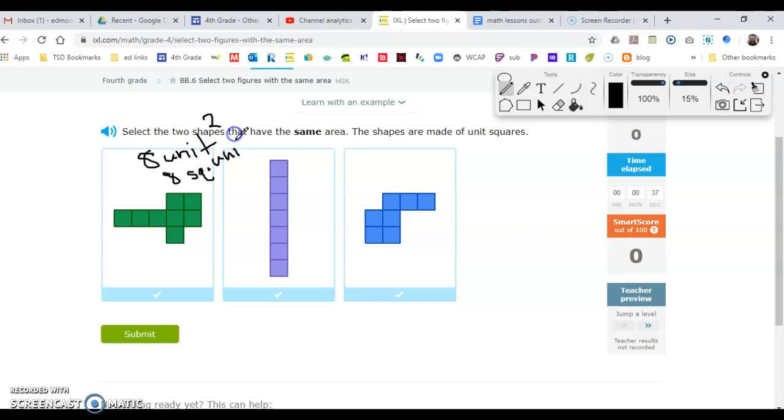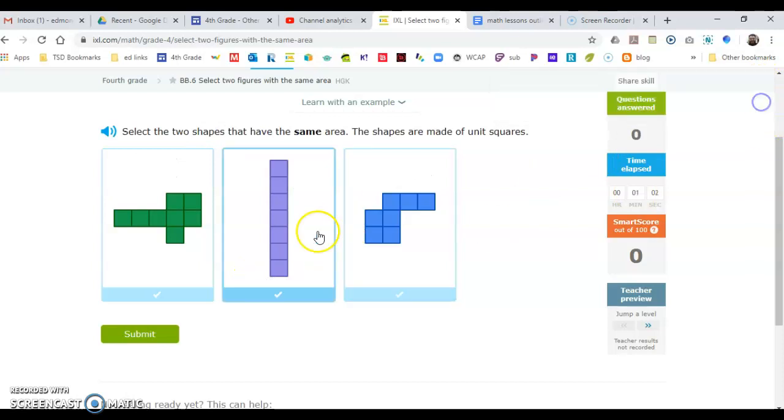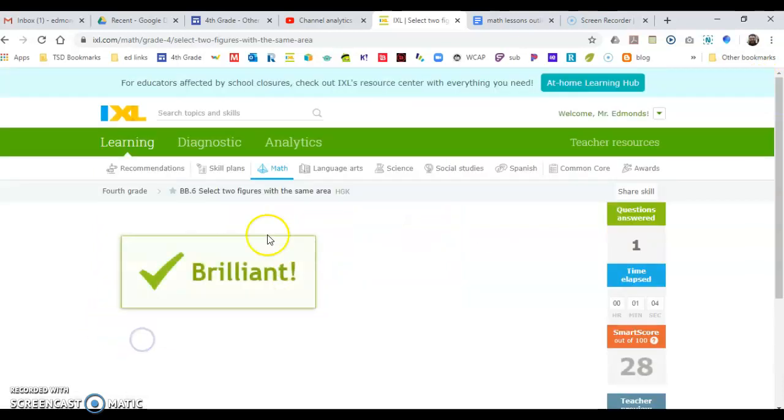Okay, kind of depends on what we're measuring. So this is 8, this is 1, 2, 3, 4, 5, 6, 7. This has 7 units squared. This one right here is 1, 2, 3, 4, 5, 6, 7. This also has an area of 7 units squared. Okay, so we want to find the 2 that are the same, and these 2 right here appear to be the same. We select the 2 and move on with our life.